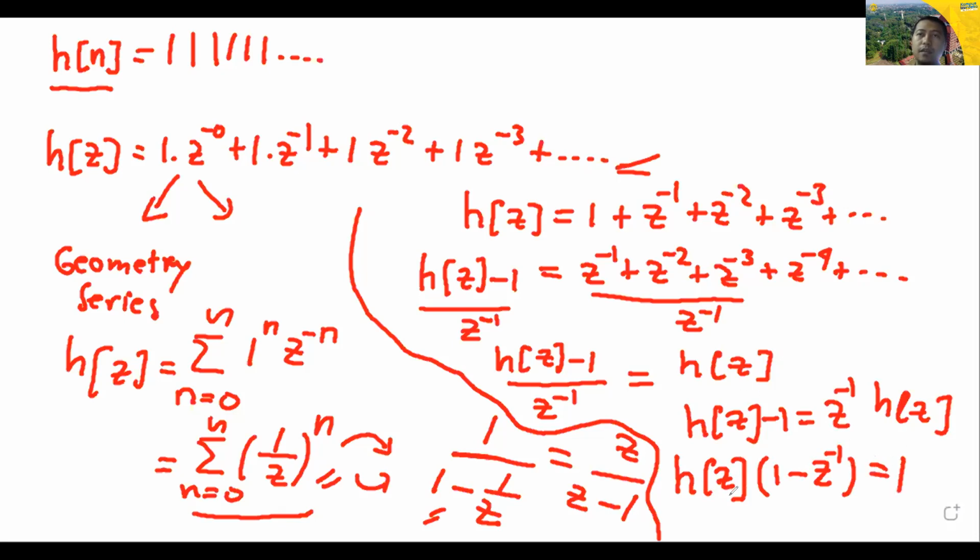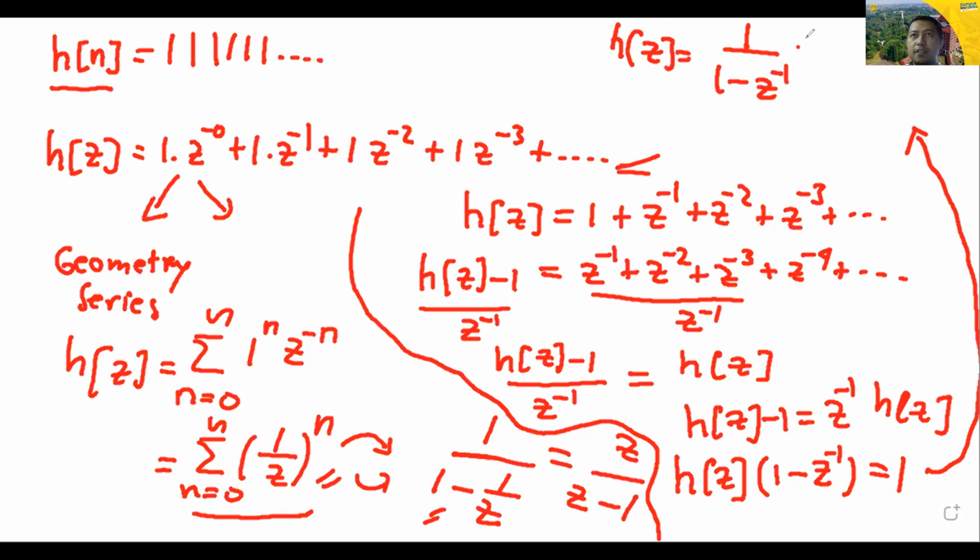Okay, and then because I need more space, I will put here. So we can write H(z) as 1 over, and then we get some result, minus 1. Okay, that's finished.